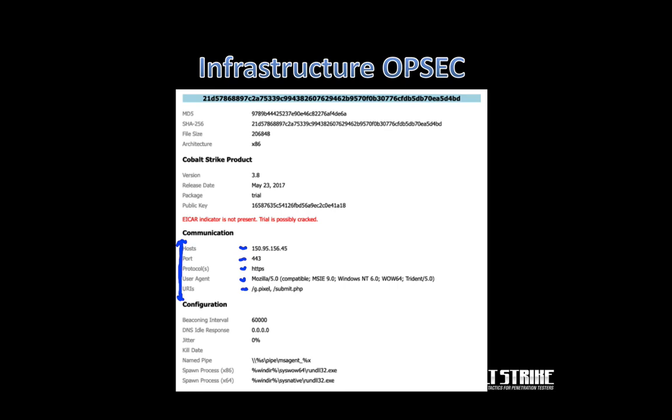Other information about your beacon is in the payload as well. For example, the default spawn-to processes for temporary jobs are embedded in your beacon payload as well. Your sleep interval is there. Your DNS idle response is there. The named pipe is not there anymore in Cobalt Strike, I want to say 3.13 and later, but it was there in previous versions.